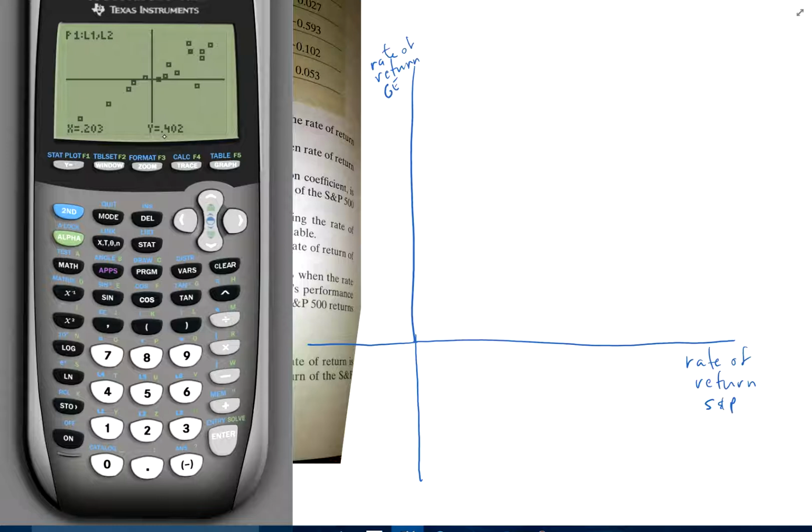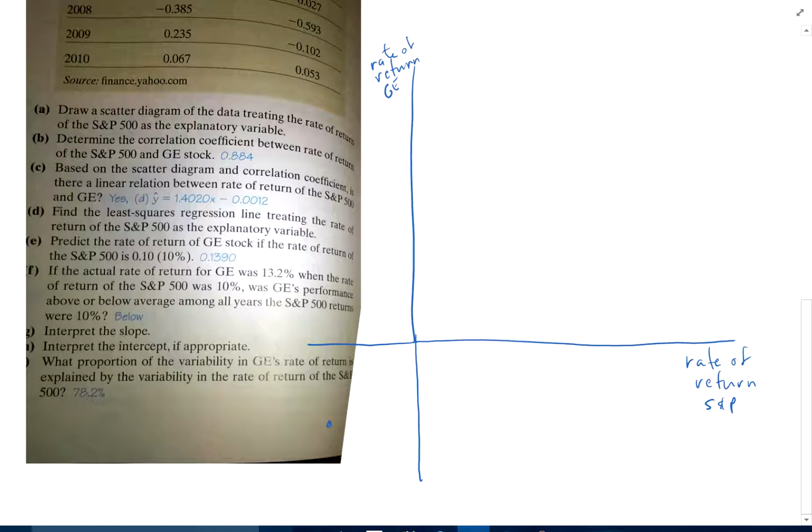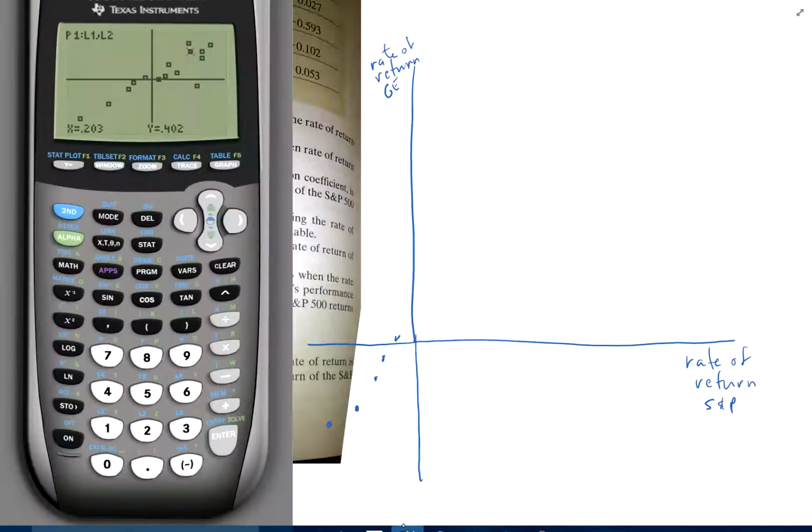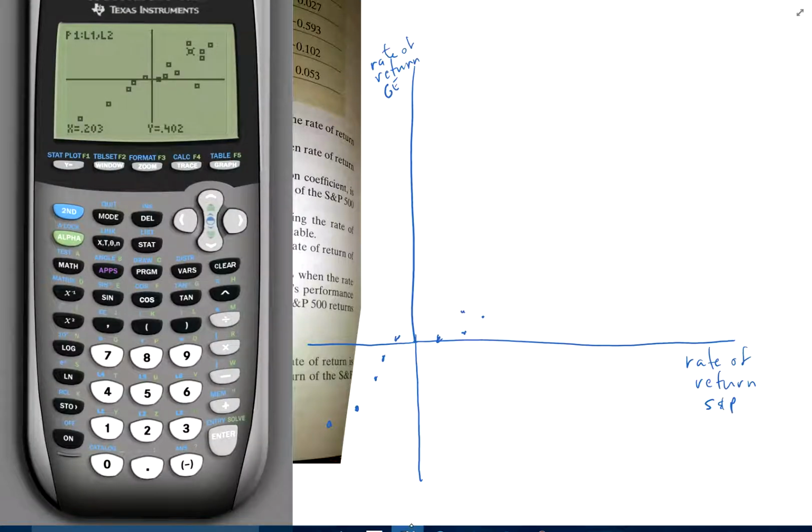So it's going to look sort of like this. And then it comes up, hits here. And when we're sketching it, we're really just kind of trying to get a general trend of what this looks like.